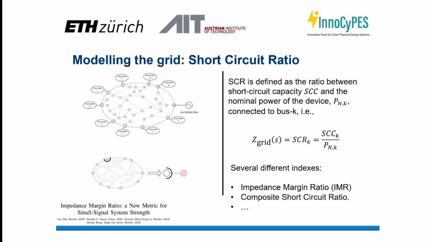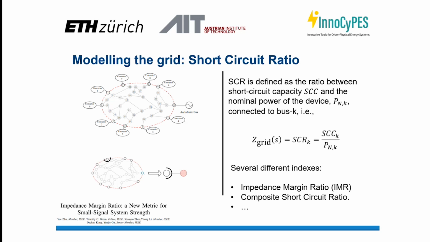So the short circuit ratio doesn't change at every frequency, but it is calculated at the nominal frequency. This is an important thing, because instead of considering something that changes with every frequency, we consider the short circuit ratio as something that stays at the same value for all frequencies.